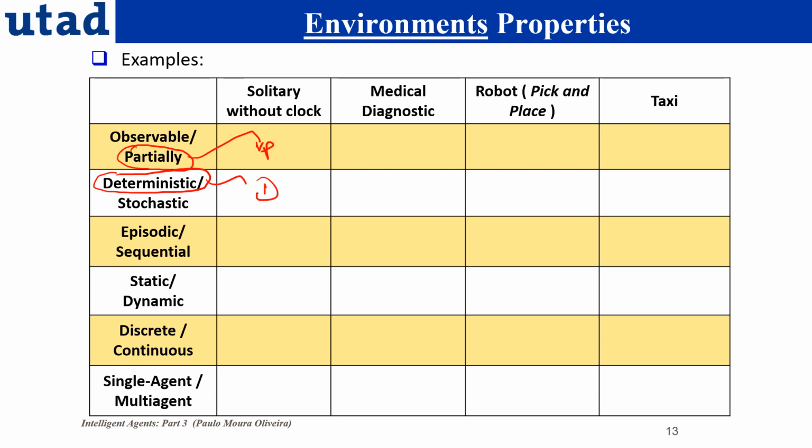The next action depends on the previous one, so it is sequential. I'll put an S here. Is it static or dynamic? As previously said, when it is deciding it doesn't change, so it is static. And discrete or continuous? The states are discrete, so it is a discrete case. And single agent or multi-agent? It is of course a single agent problem.